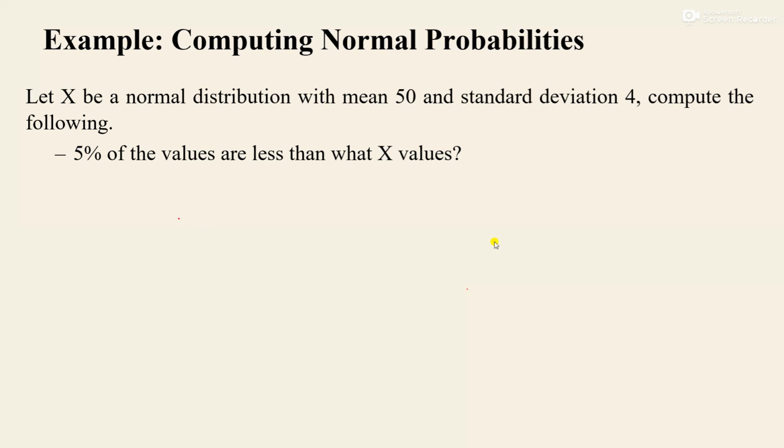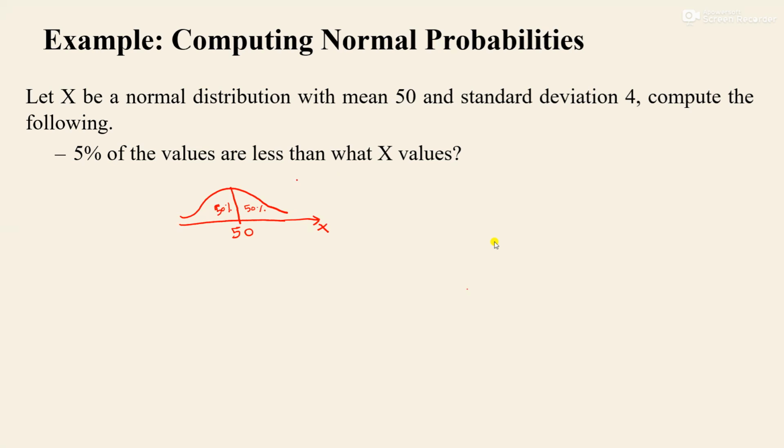So now this is x, and this is 50. Here 50% of the values are on each side, symmetrical. Now 5% of the values are less than what x value?